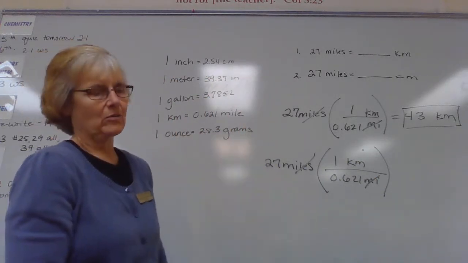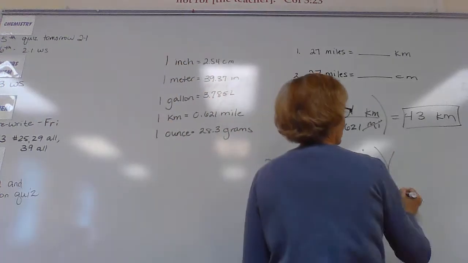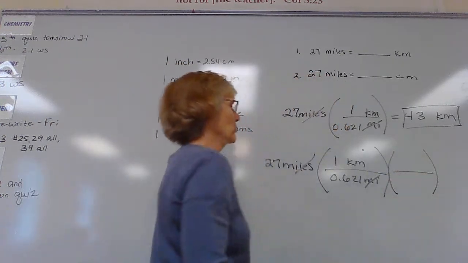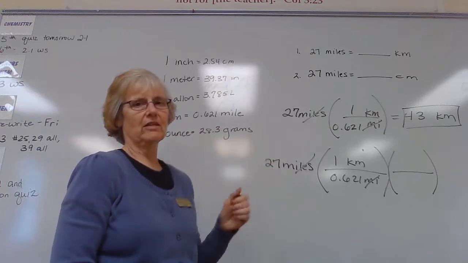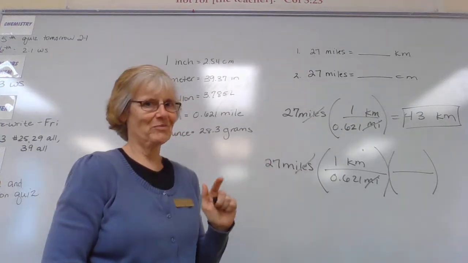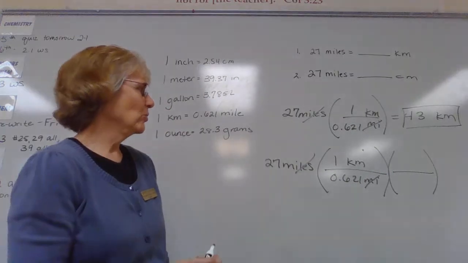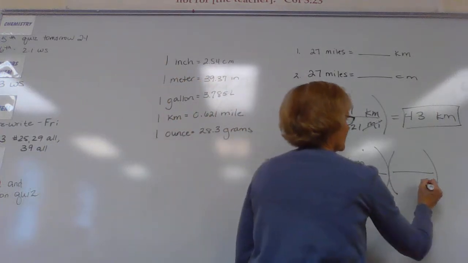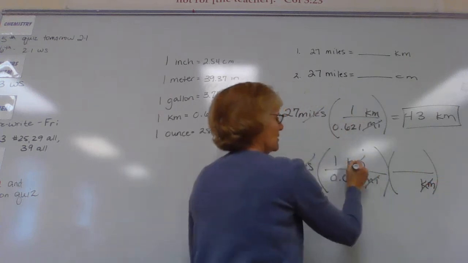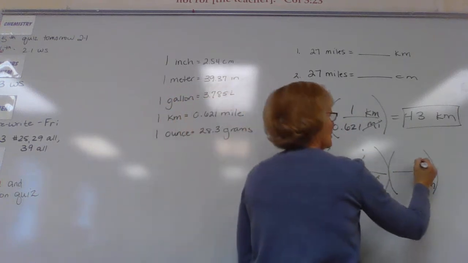Now I want to go to centimeters. Now this is going to be a ridiculously large number, of course, because we've got 27 miles and a centimeter is about that big, so it's going to be a big number, just be aware of that. So let's look at what we can do with this. I want kilometers to cancel. I want my answer in centimeters.